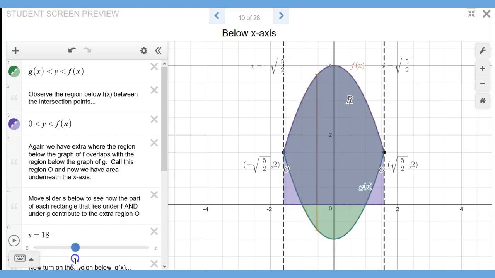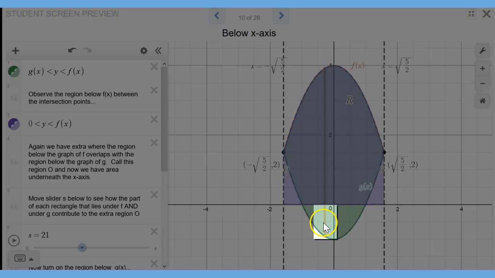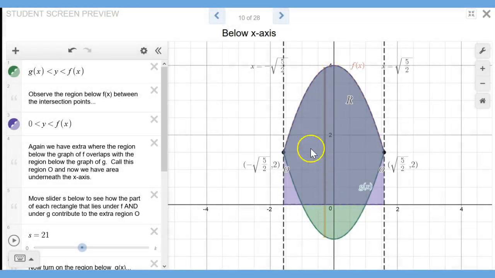But then for the rectangles bounded by g below the x-axis and f above the x-axis, since the values of g underneath the x-axis are negative, when I subtract a negative, I'm adding. So for this representative rectangle, I get the area of this rectangle above the x-axis plus the area of this rectangle below the x-axis.